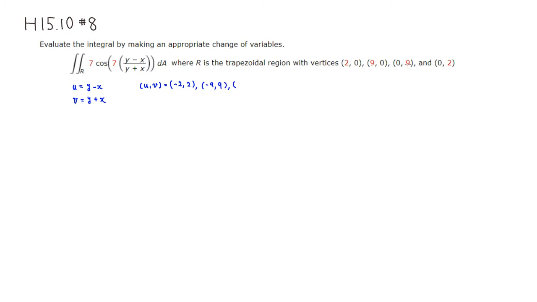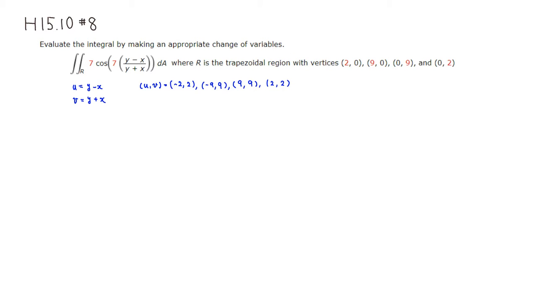Third point is 9 minus 0, so it's 9, and v is 0 plus 9, so it's 9. And the last point is 2 minus 0 is 2, and add them up, so it's 2. So those are the corner points.